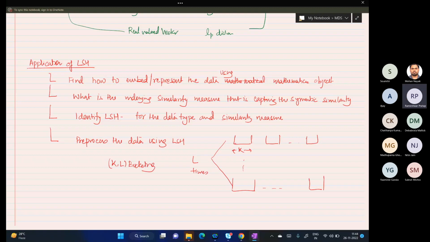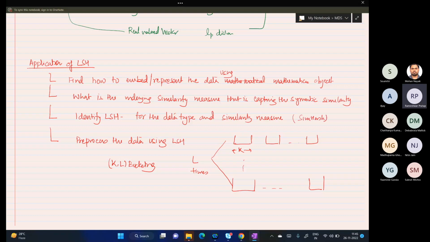And now, for example, in your application, first we have pre-processed. In your application, you can first represent the tweet using, say, doc2vec or sentence2vec. And the cosine similarity will be the similarity measure, capturing that if the cosine similarity is large, then the underlying text similarity is large. And then in that application, we can use MinHash.